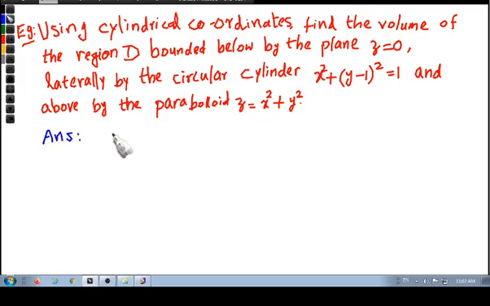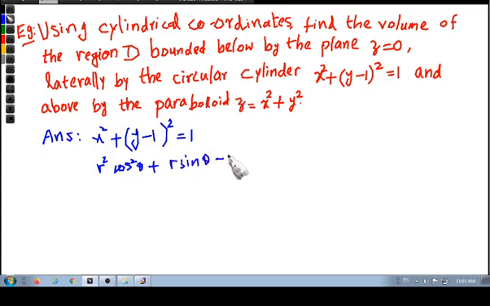So x square plus y minus 1 the whole square is equal to 1, but x equal to r cos theta and y is equal to r sin theta in cylindrical coordinates. So r square cos square theta, that is my x square, plus y is r sin theta minus 1 the whole square, that is equal to 1.